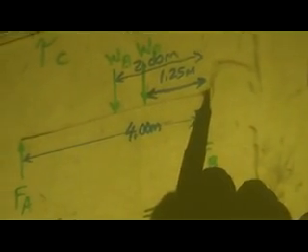So if I use this as the pivot point right here, then I would go torque clockwise equals torque counterclockwise, and it would look like this. Think about it. What would cause this meter stick or this bridge to go in a clockwise direction?